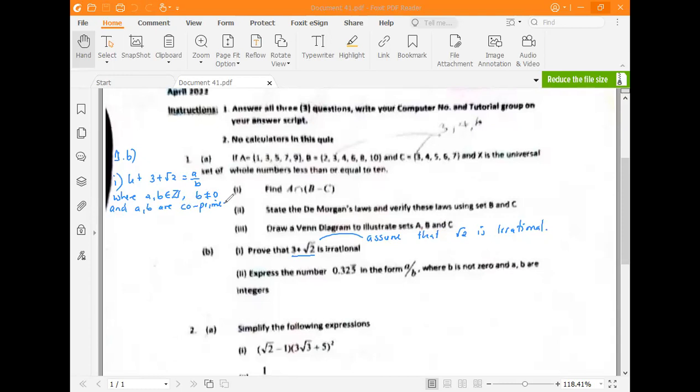After that, you have to write that thing as a first thing. When you are done writing that, make root 2 the subject. So just say root 2 is equal to A over B minus 3 over 1, and then B down, then A minus 3. Then say, but the left hand side is irrational.